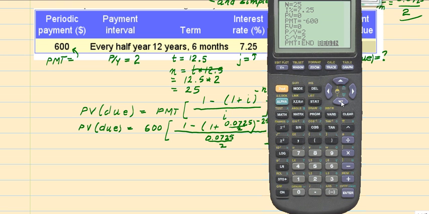Future value is 0, P over Y is 2, C over Y is 2, and then we have to make sure that we're using annuity due, so the payments are at the beginning of every payment interval, so that has to flash. Press enter, then scroll up to present value, and alpha, enter, and this is the answer, $10,109.75.